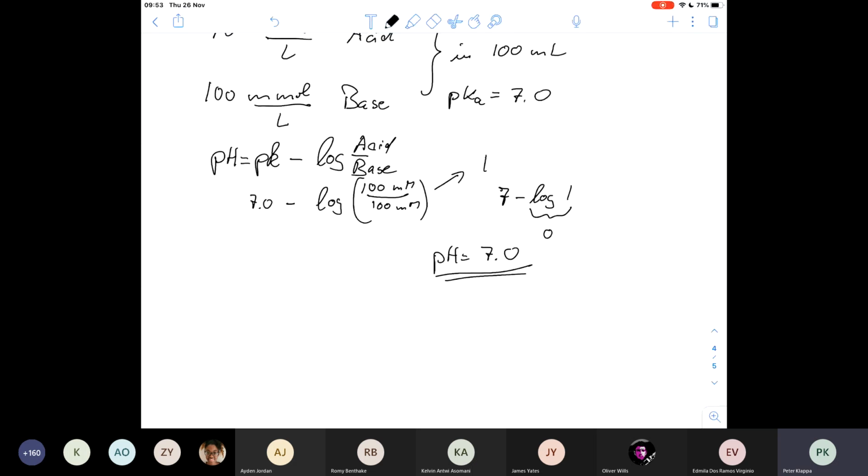Now, what happens if I dilute this buffer? So if I have these 100 milliliter and I add these 100 milliliter to 900 milliliter of water.